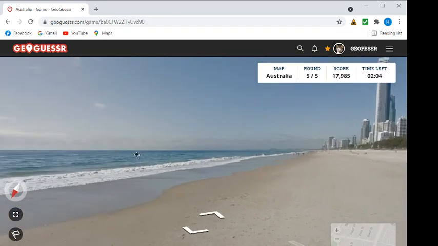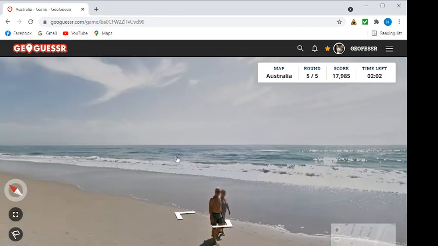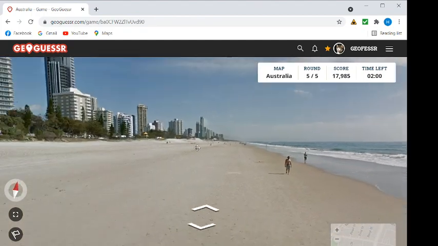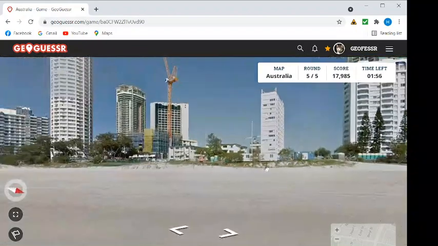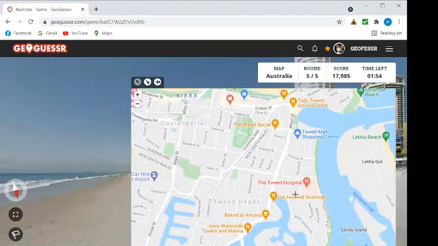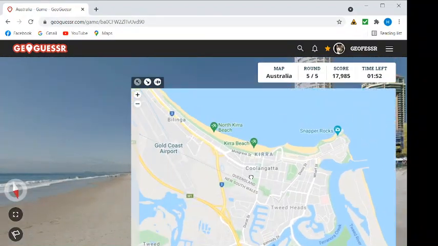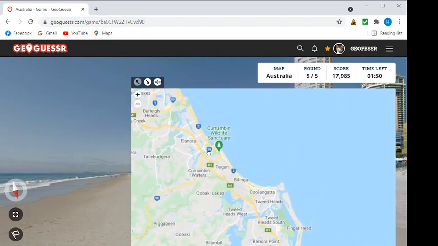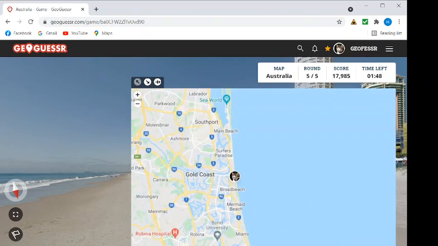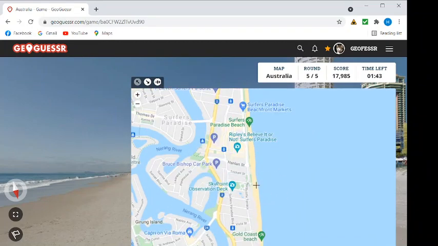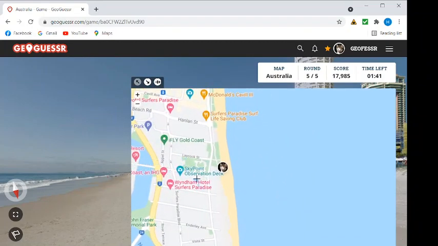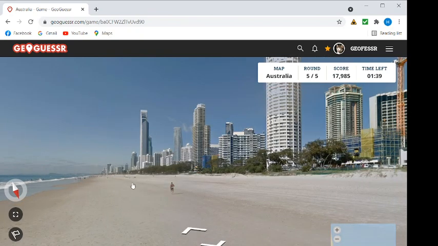Let's see. So the orientation of the coast, it's kind of straight north south, right? So it's not this part. Has to be up here someplace. Sky Point observation deck has to be in with some large buildings, right?